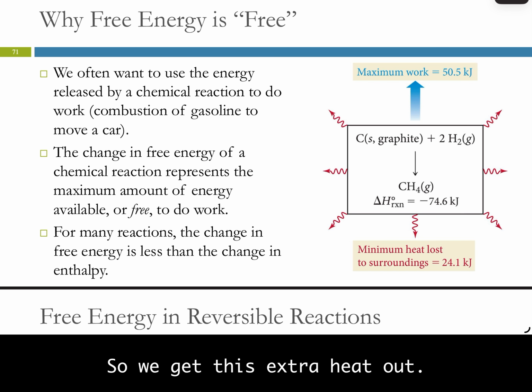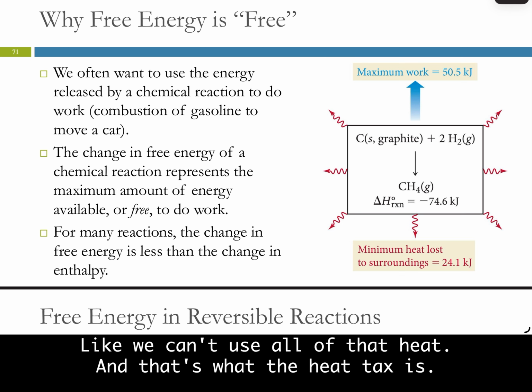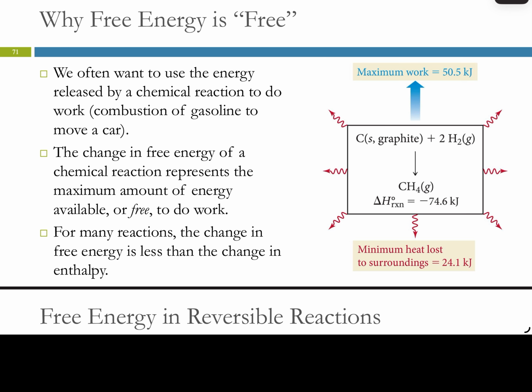So we get this extra heat out. But some heat has to be lost to the surroundings, as is 24.1 kilojoules. Like we can't use all of that heat, and that's what the heat tax is.